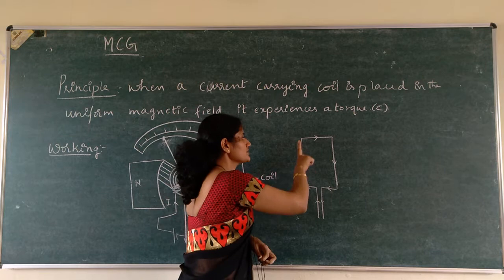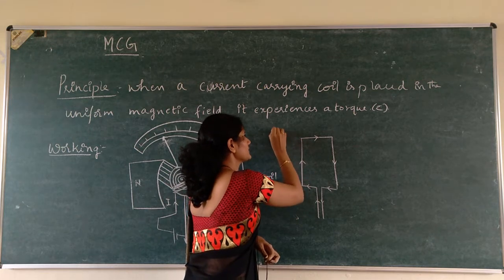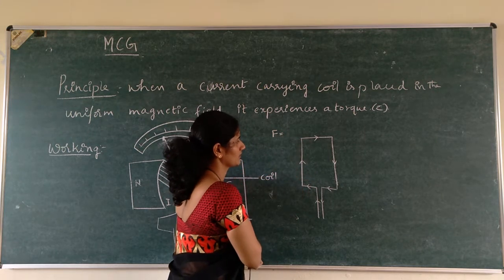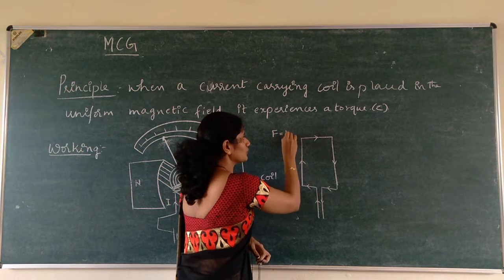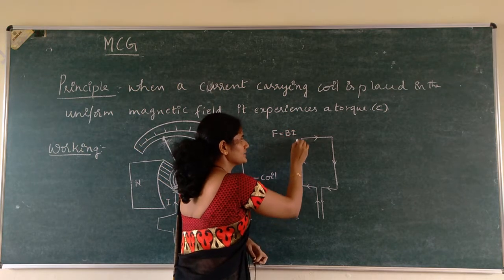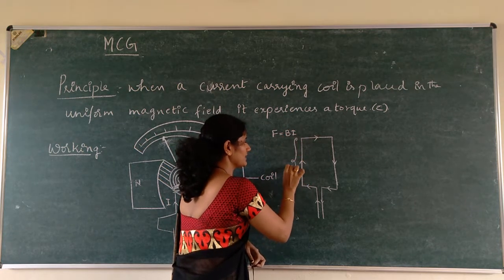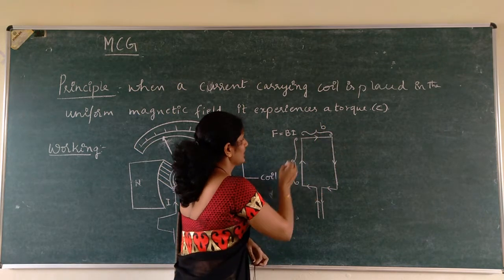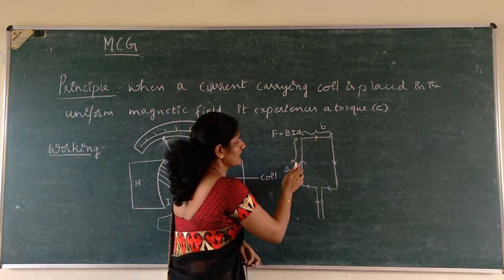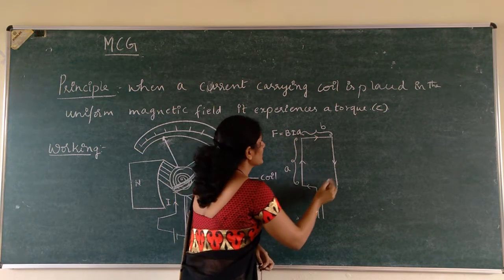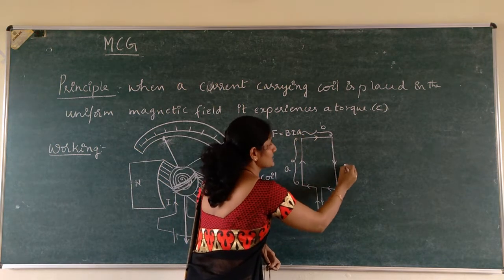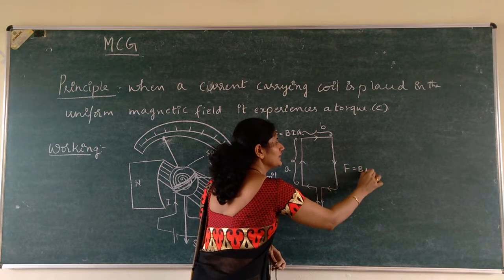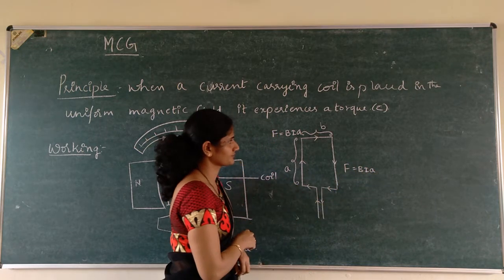Okay. Force acting on this arm, F is equal to B I into A, let the length be A and the breadth be B. Force acting on this arm is BIA, force acting on this arm is also F is equal to BIA.